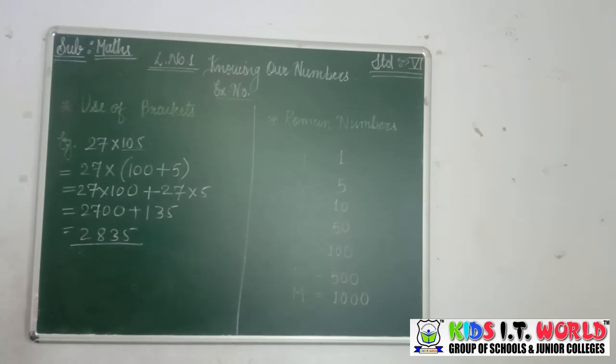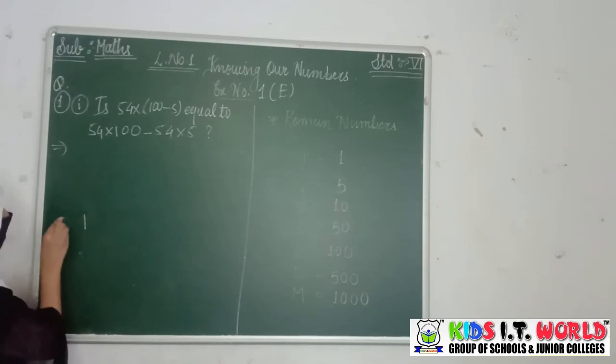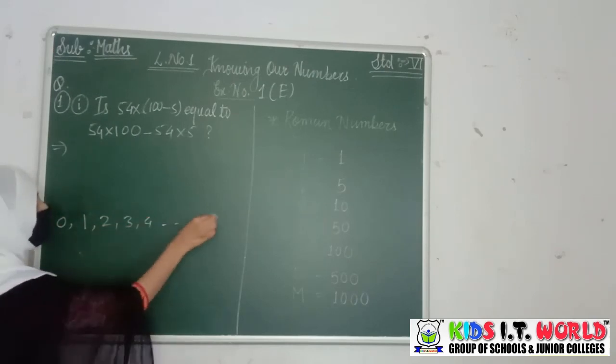Now students, you may have heard about the natural numbers. Here in the previous year you also learned about the Roman numbers. So here we will see that in the Hindu-Arabic numeration system we use 10 symbols or digits to represent any number. Which are those symbols? They are 0, 1, 2, 3, 4 till 9.